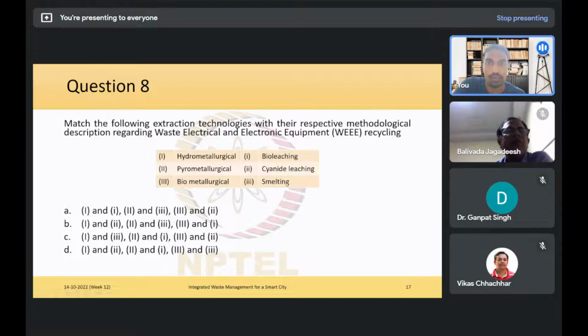So which process is mapped to which technology? Okay, we have one answer, option B.